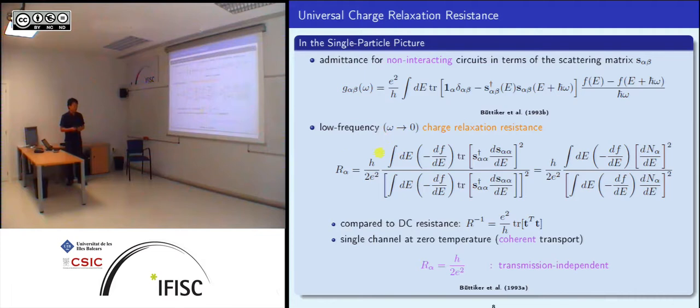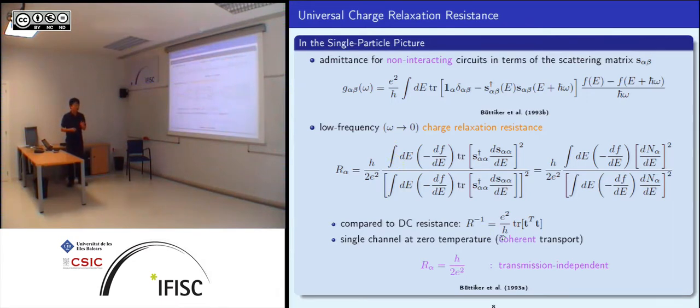But this resistance is the value in the low frequency region, in the limit where the frequency goes to 0. Actually at zero frequency you should expect the DC resistance, which should depend on the details of the system, the transmission. So here the low frequency is not really low frequency. At low frequency the time interval for each period is longer, and at some point the period is larger than the dwell time of the system.